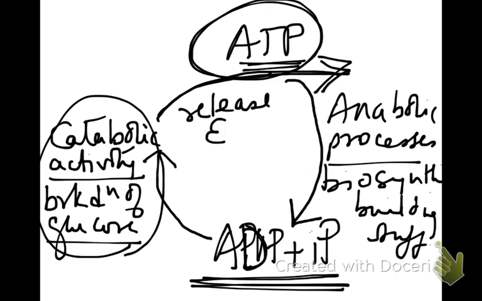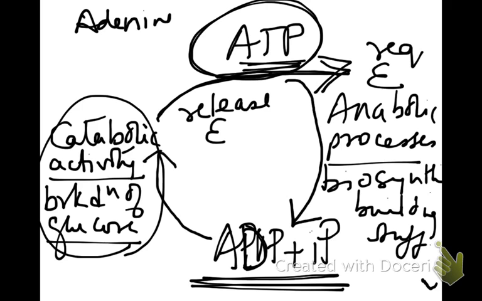Now, in anabolic processes which require energy, I need the ATP. ATP consists of adenine, ribose sugar plus the 3 phosphates.